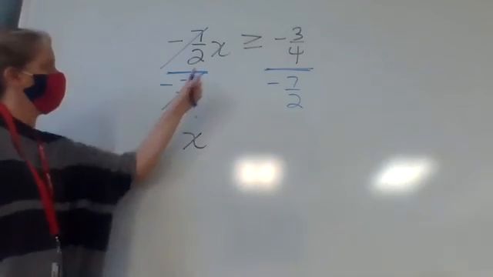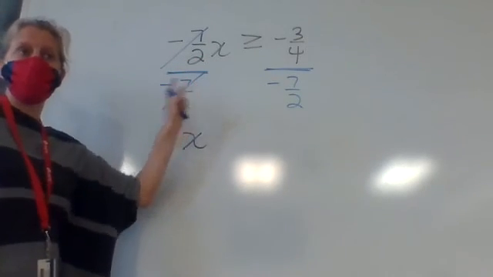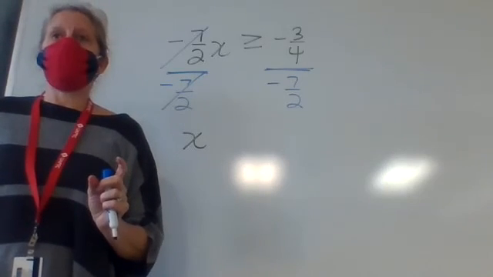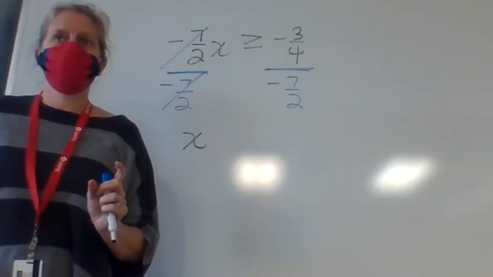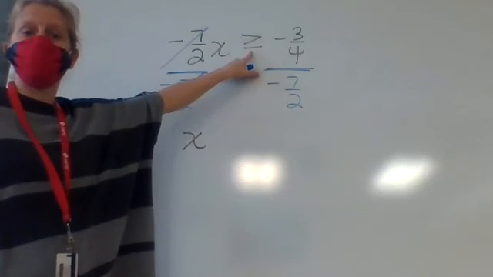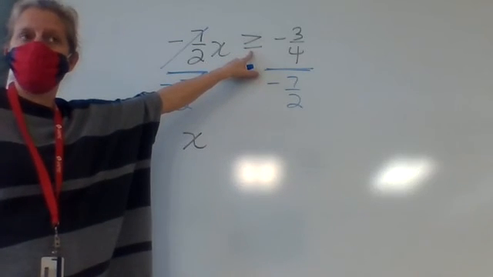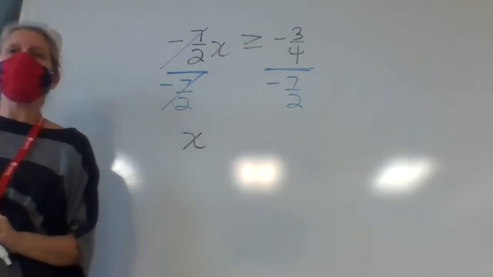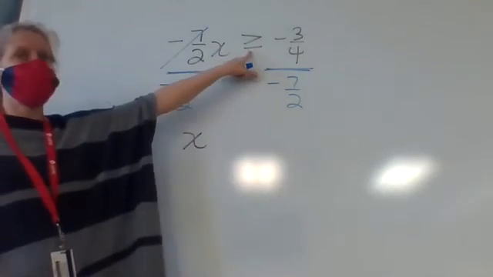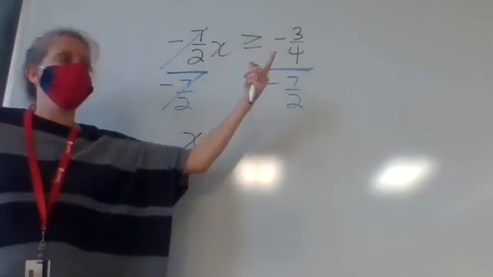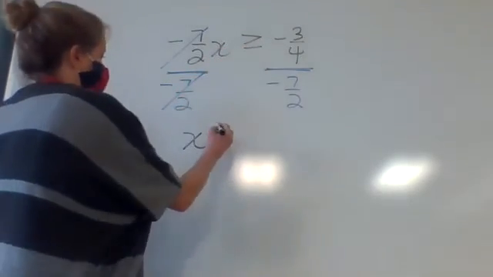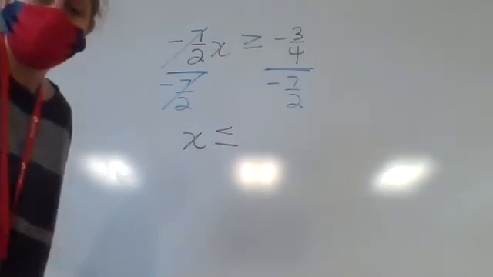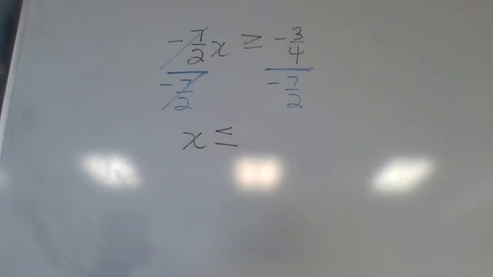Anytime you multiply or divide both sides by a negative number, this symbol flips around. So it's going to go from greater than or equal to, to less than or equal to. And then do that math.